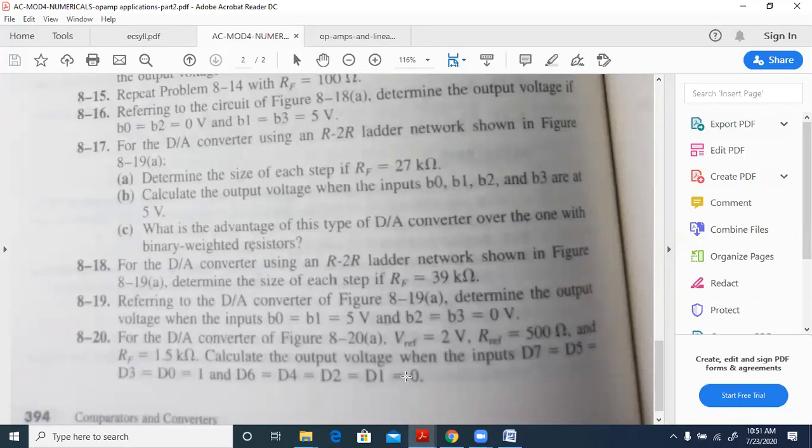So you should write D7, D6, D5, D4, D3, D2, D1, D0 equal to 1010, again 10, then 01.